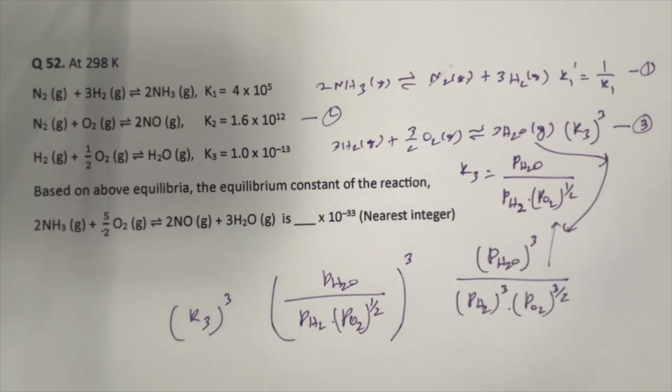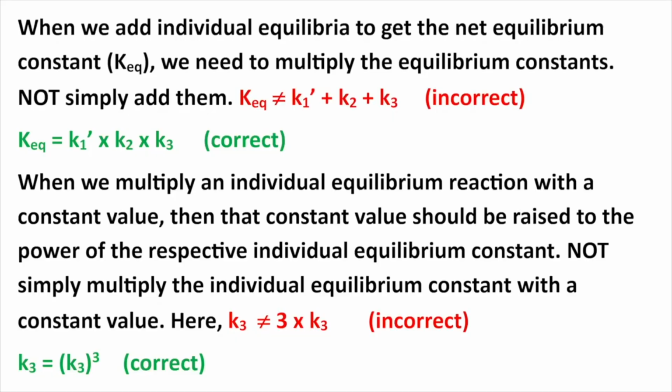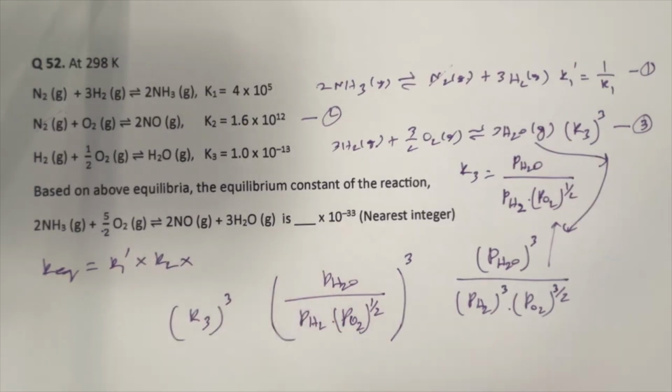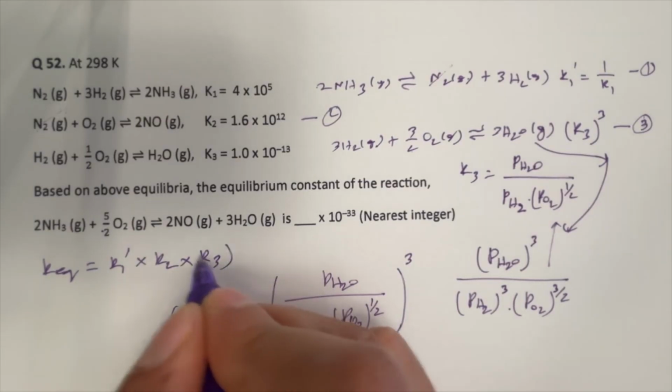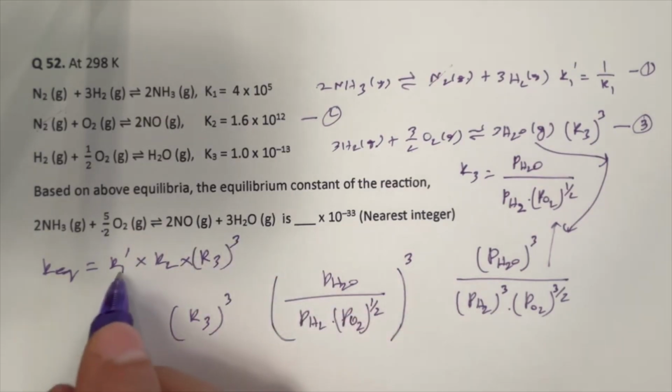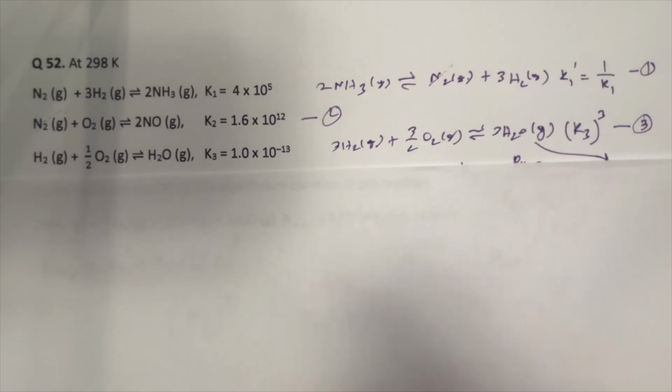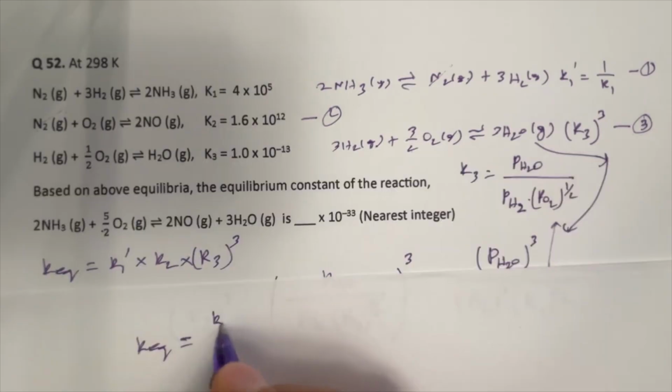So this means the equilibrium constant K now is equal to K1 prime times K2 times K3 to the whole cube. K1 prime is 1 by K1, isn't it? So therefore, let's write it this way: K equilibrium is equal to K2 times K3 to the whole power 3 divided by K1.